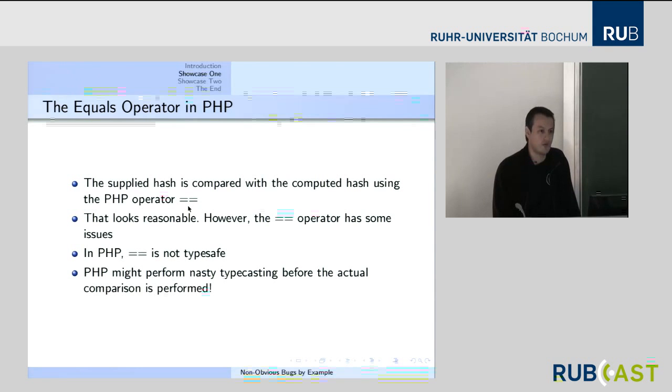And as a regular sane programmer, you would probably think, yeah, okay, if you compare them using the double equals operator, well, it checks if they're equal. For PHP, this isn't so true. In PHP, this operator is not type safe. That means it's going to perform some typecasting before it actually compares the values that you supplied.